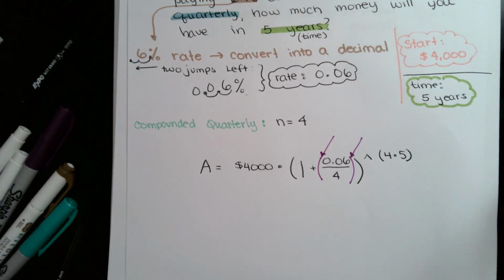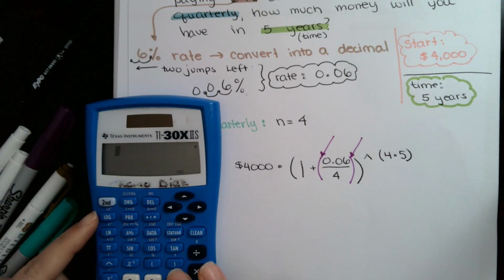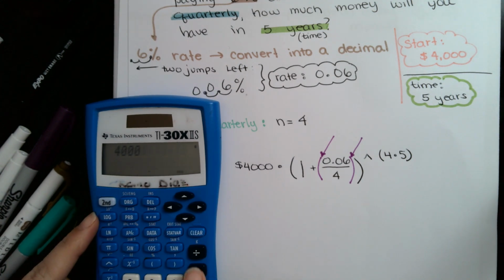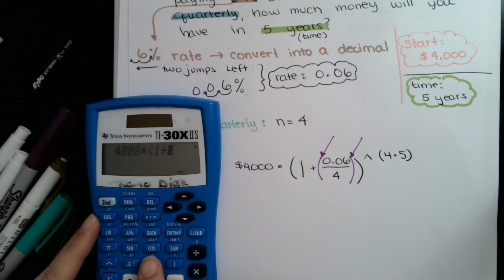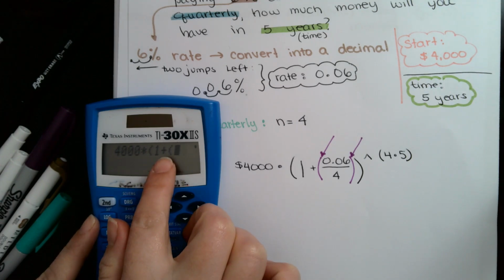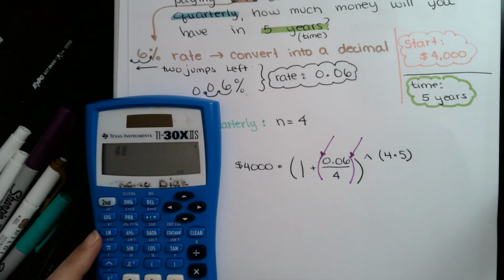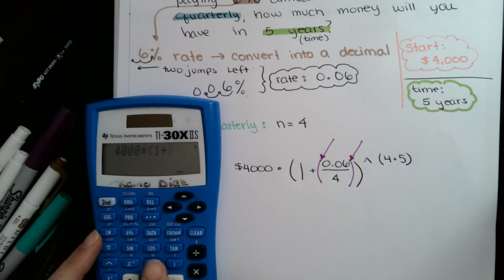Go ahead and pick up a calculator, and let's type this in. 4, 0, 0, 0 times open 1 plus open 0.06 divided by 4.